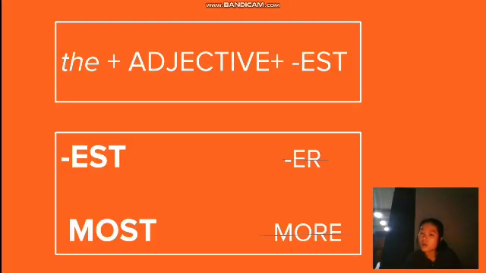For the formula, it's similar to the comparative, but instead of ER, you use EST. Instead of using more, you use most, the most. So the basic formula of superlative is the adjective plus EST. Not too hard, right?